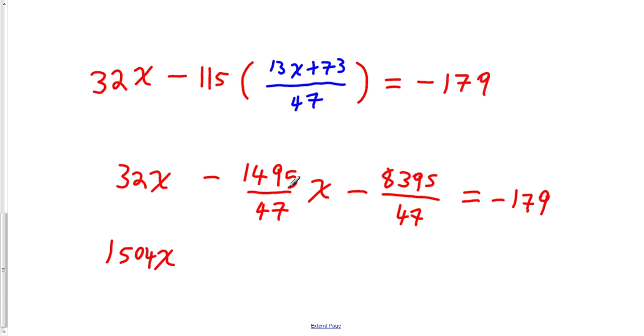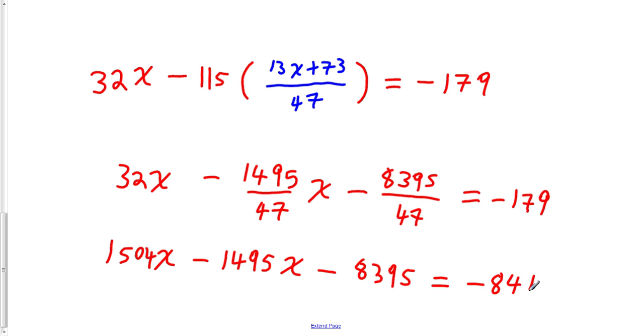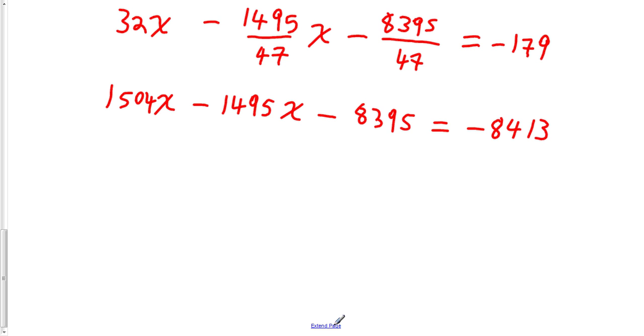When I multiply this term by 47, I get 1,495 because the 47s cancel out, times x. And when I multiply this by 47, I get 8,395. And when I multiply this by 47, I get negative 8,413. So there I've cleared the fractions.